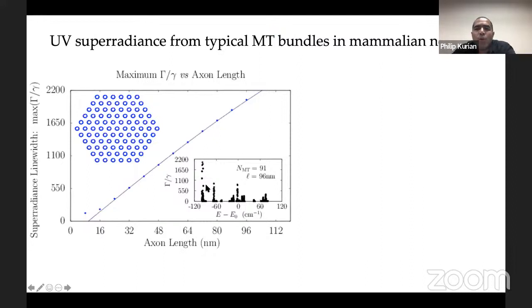So without going into too much detail because of time, we see superradiance in the UV as you build these microtubule bundles that are realistic and found in mammalian neurons. And so you can see here, you see several thousand times the superradiant line width of the single tryptophan, only when you're at 91 nanometers of axon length.